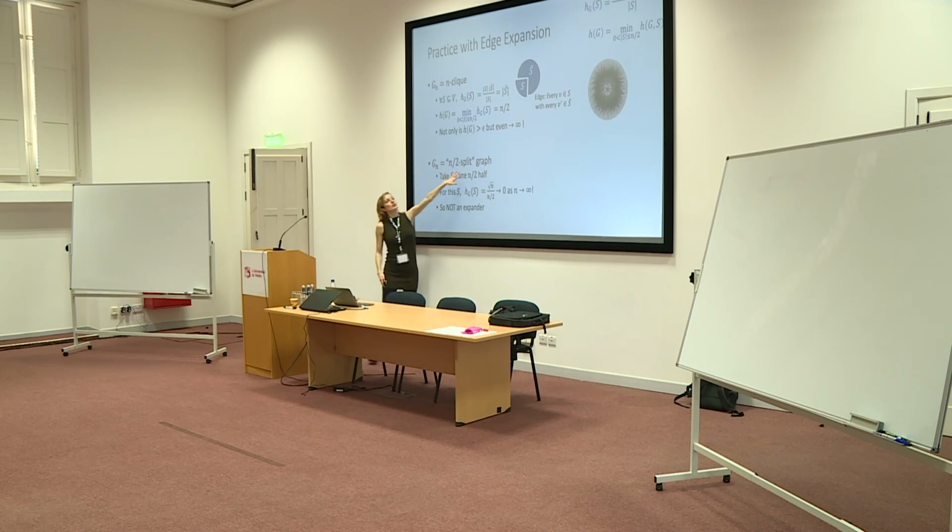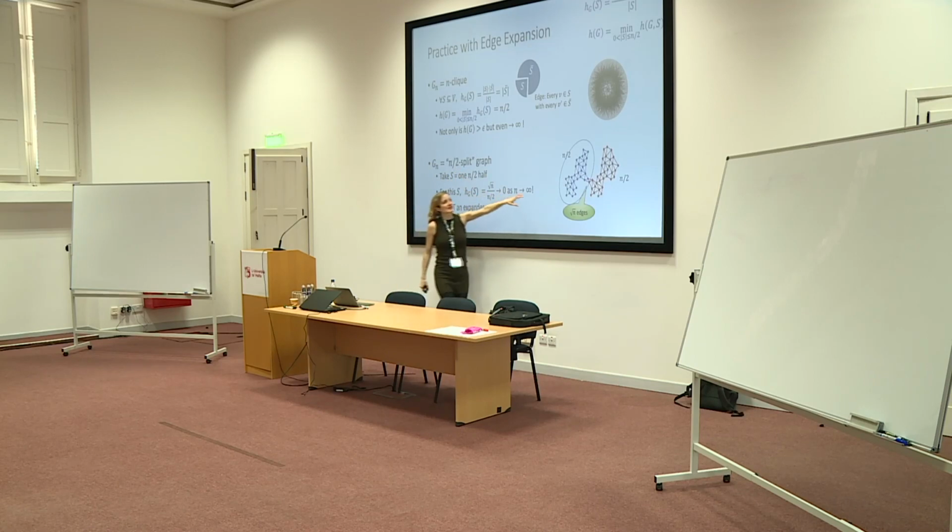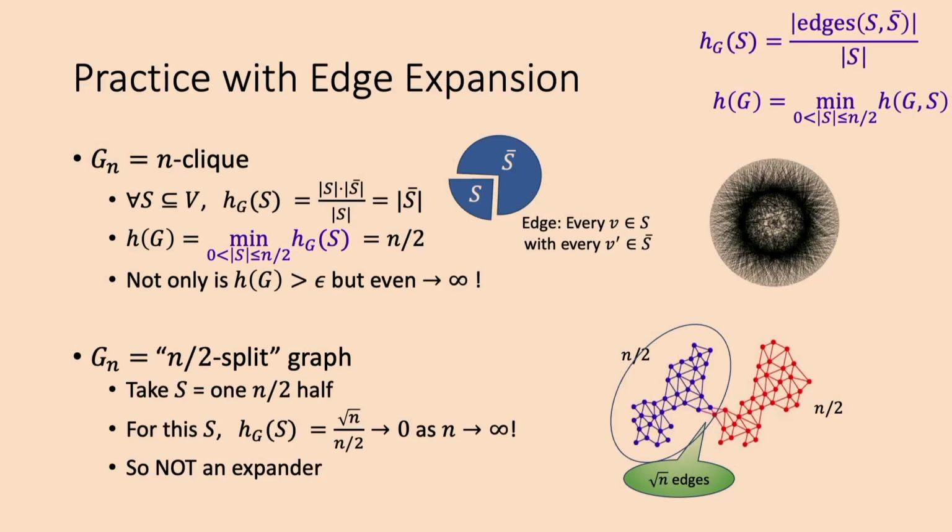Okay, so let's do another example, which is this friendly guy from the previous slide, which I claim to you is not an expander. Why is this not an expander? Let's take a deeper look. More specifically, suppose that I have this blob here that has n over 2 vertices, and this blob has n over 2.